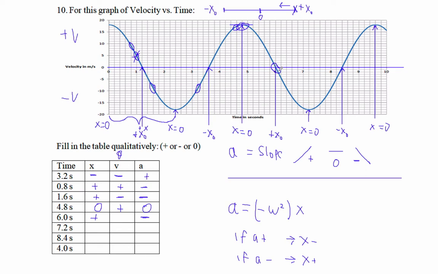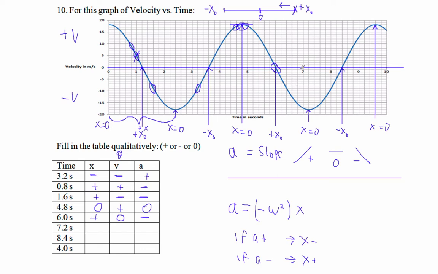But we have a maximum slope at that point, and it's a negative slope, so we must be here at positive X, accelerating to the left. So at 6 seconds, our velocity is 0. That's one of those special ones. We're going right through 0. And we have a downward slope, therefore we've got an X that's positive.